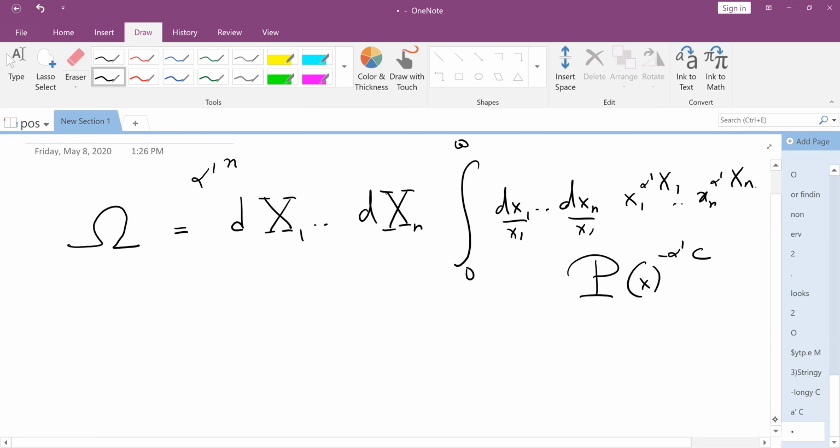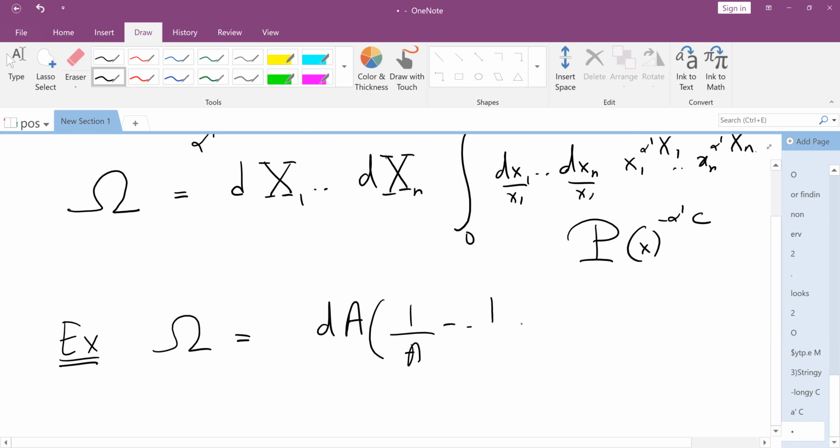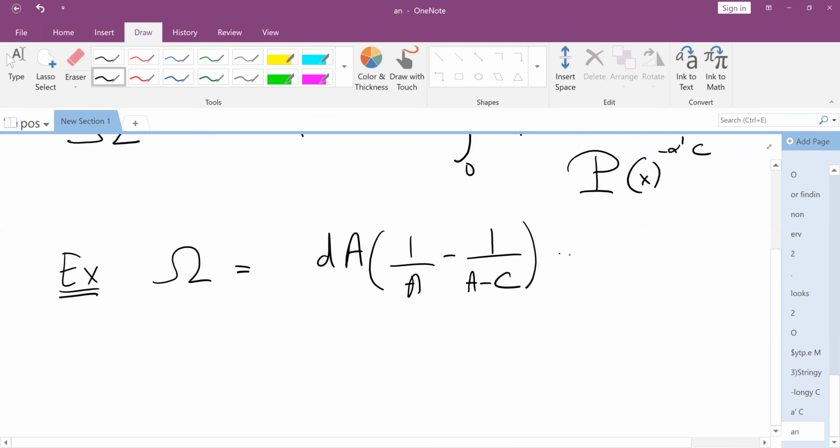Now, let me make some claims, and I hope the claims will be plausible, and we'll see them from the example. So first of all, in our example, this form would just be, let's say, dA, 1 over a minus 1 over a minus c. And you'll notice that this is exactly the canonical form for this interval, right?